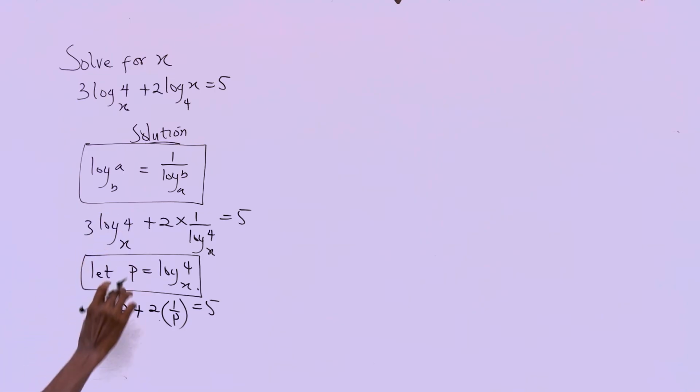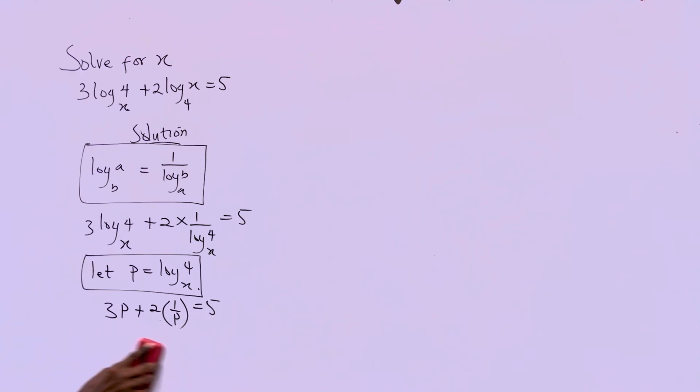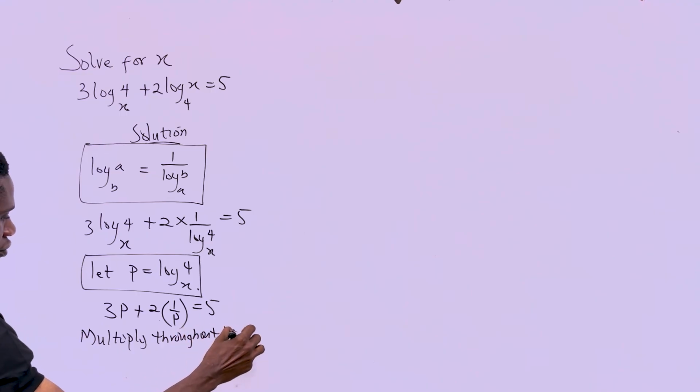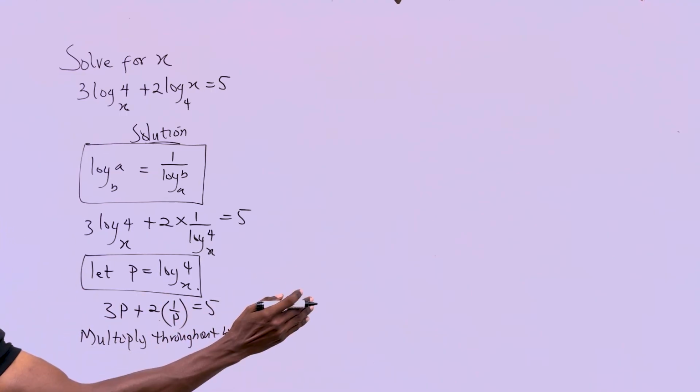Yes, p and p. Okay, so we can say 3p over 1, or better still, we can multiply throughout by p.